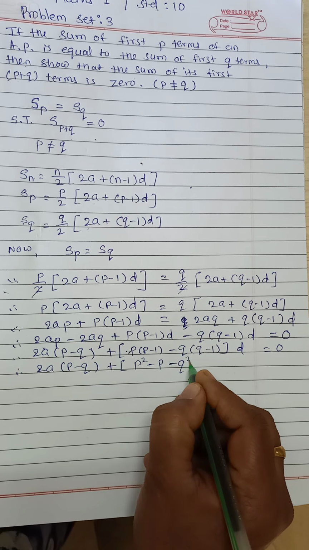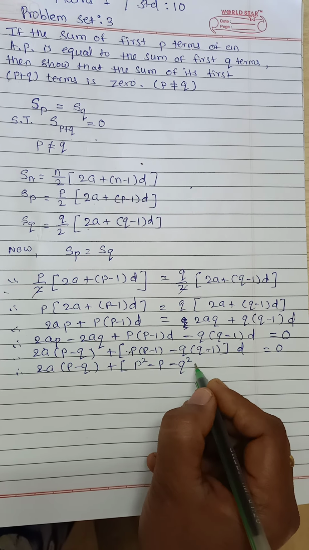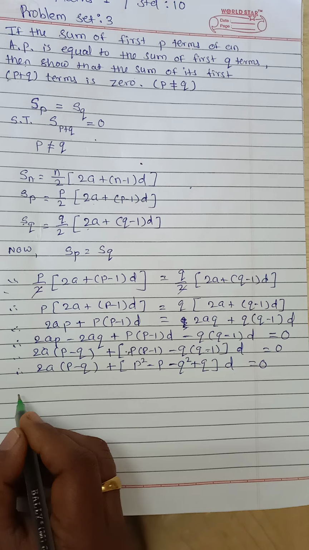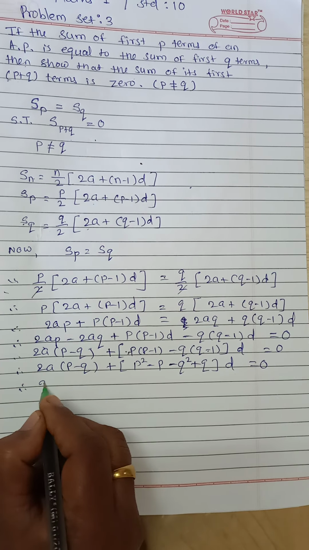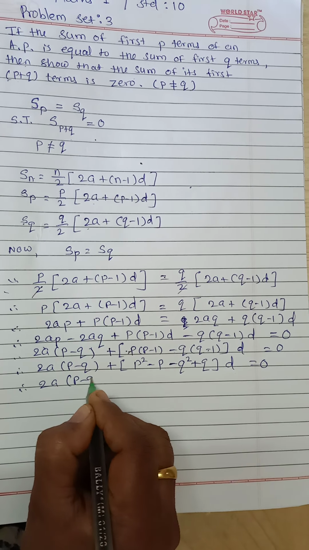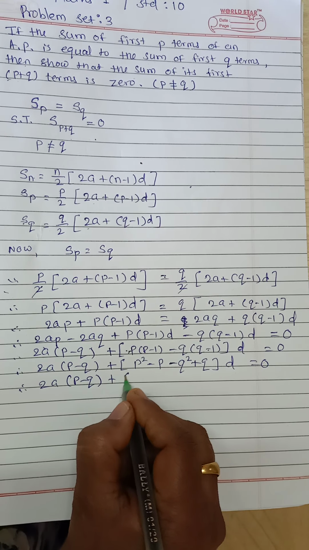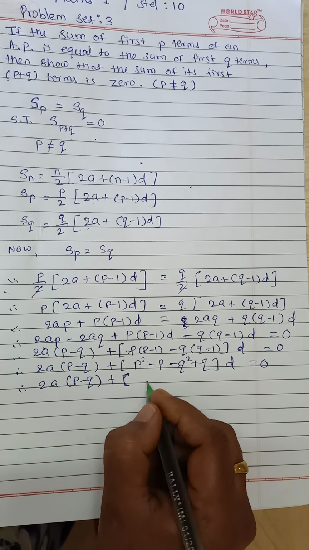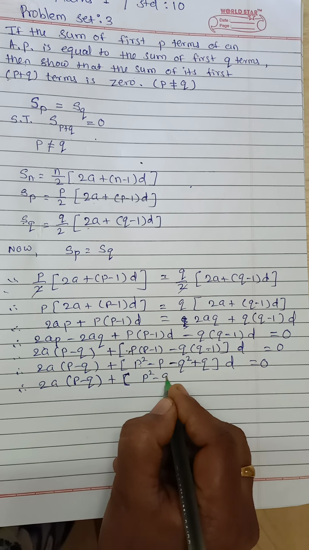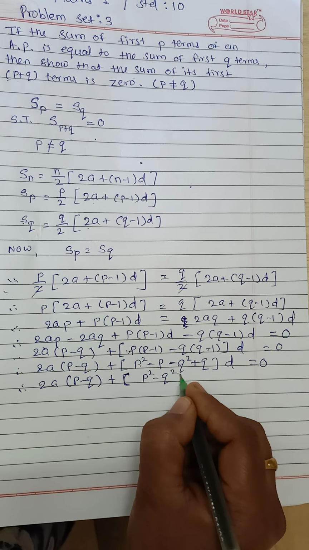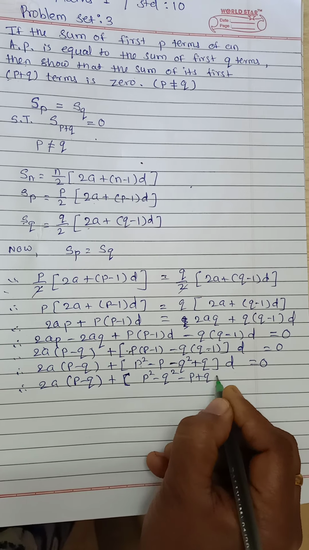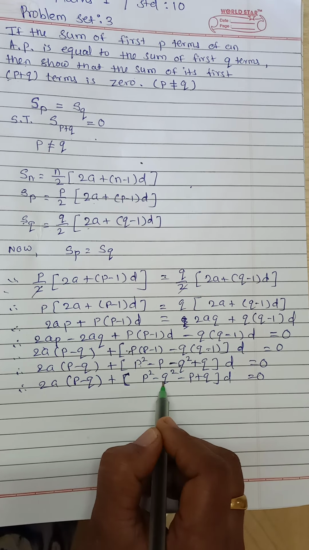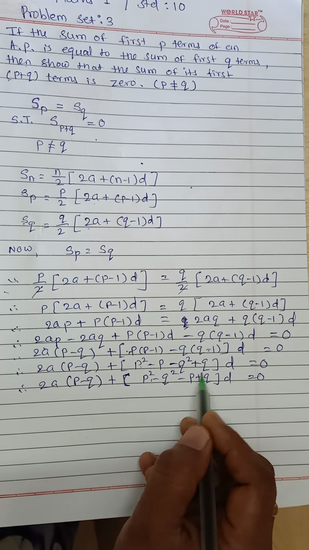Therefore 2a (p minus q) plus, now p square minus q square I'm writing p square minus q square minus p plus q into d is equal to 0. I've just written this minus q square and this minus p plus q.